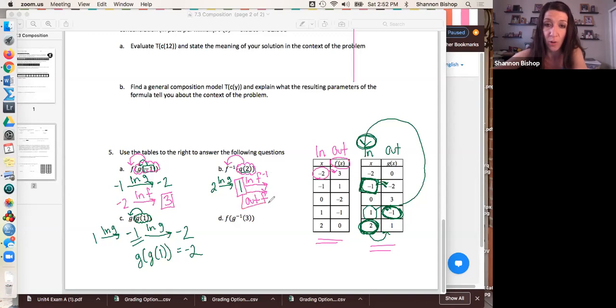The output of the original. Can you find the number 1 in this column? Yes. And who does it pair with? -1. The answer is -1. So when you have inverse notation, but you're looking at your options and nothing is called inverse, well, you have to just apply the reversibility where the inputs and the outputs reverse, and then you can still answer the question, hopefully.